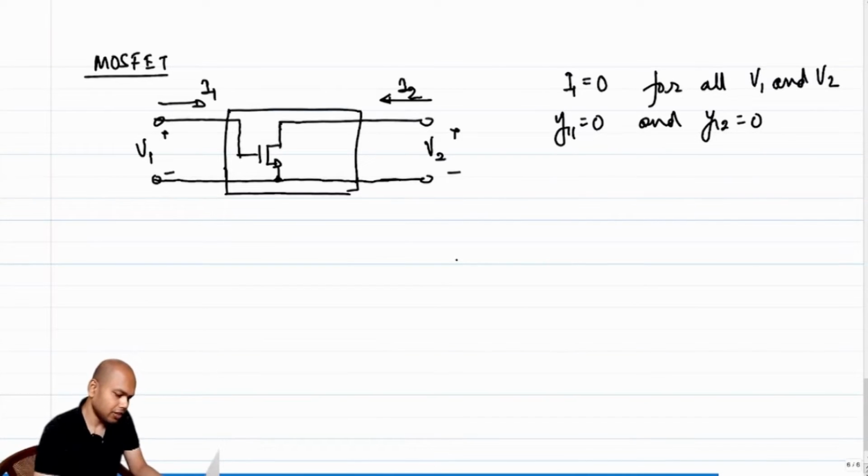However, I2 is governed by the following equation.